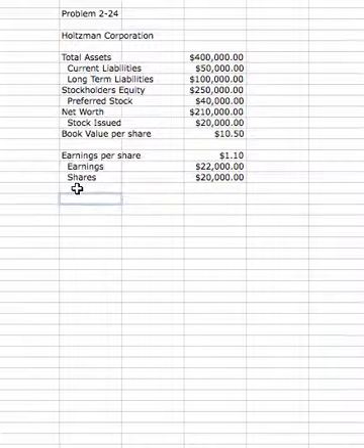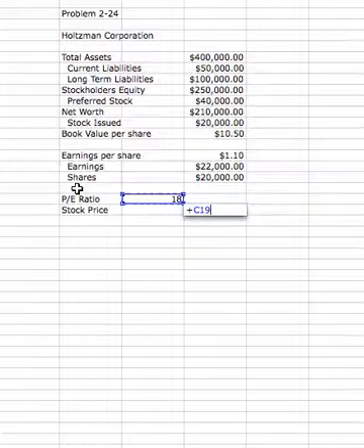Well, if we have the earnings per share of $1.10 and our PE ratio is 18, then the price of our stock is going to be 18 times our earnings per share, which is $19.80.